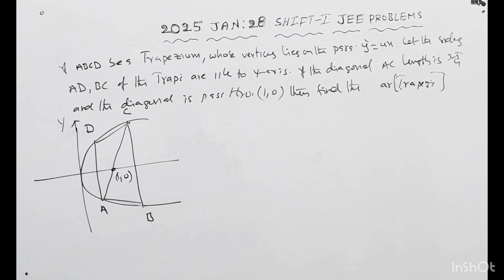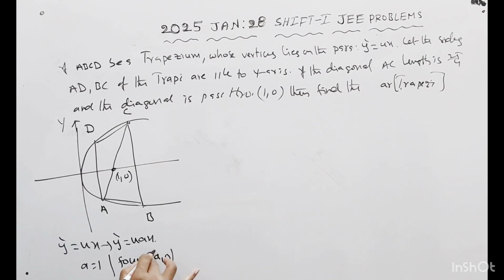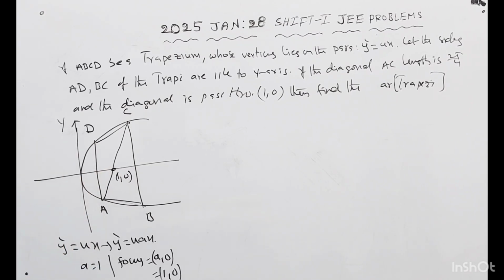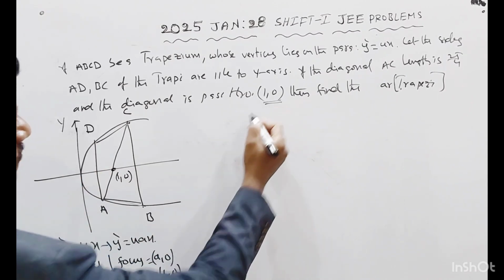First of all, what is the given parabola? The given parabola is y square is equal to 4x. Whenever you compare this equation with the general equation of a parabola, y square is equal to 4ax, the value of a will be 1. So for this parabola, the focus is (a, 0), that means (1, 0).